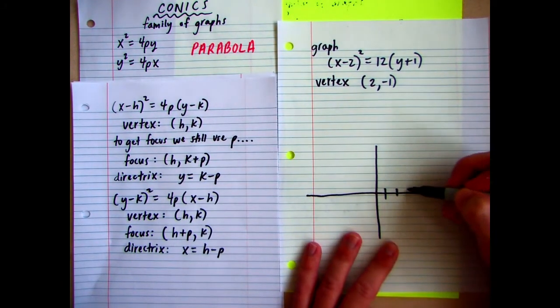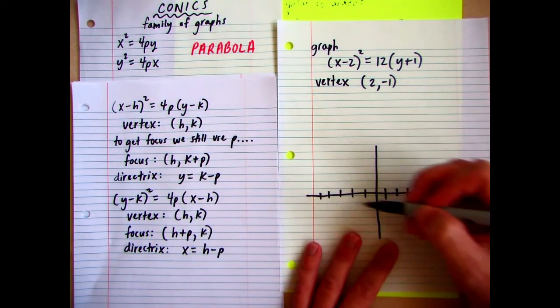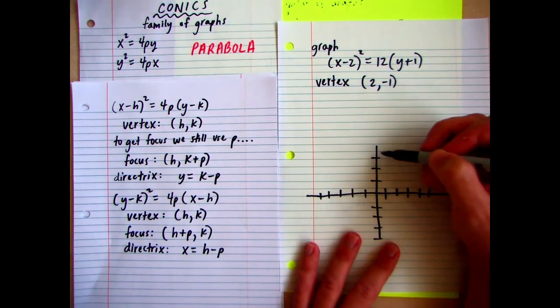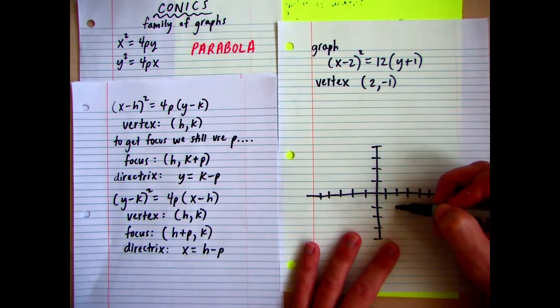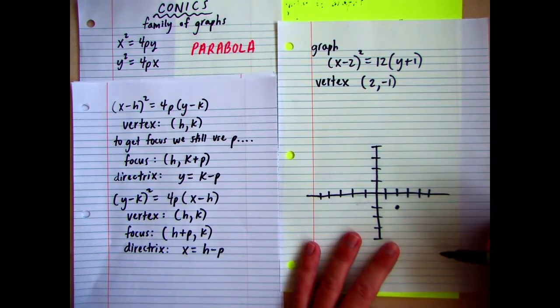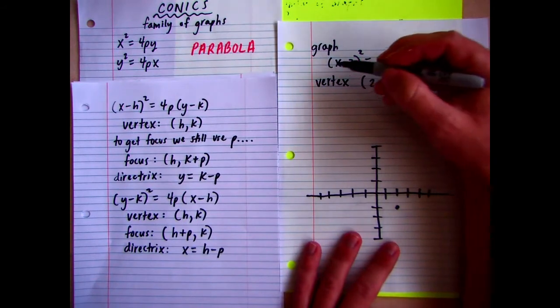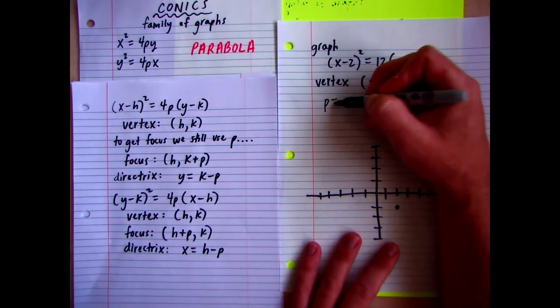So let's start with that vertex. Positive 2, negative 1. I know that since x is being squared, my parabola is either opening up or opening down. And remember, to know whether it's opening up or opening down, that requires me to know what p is.